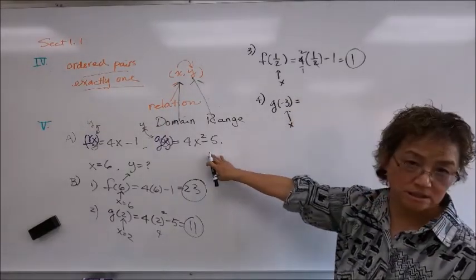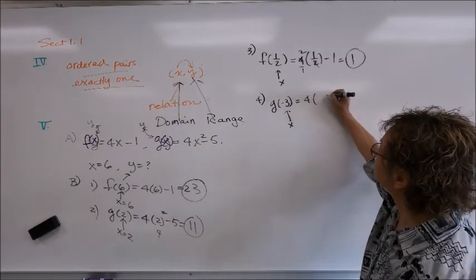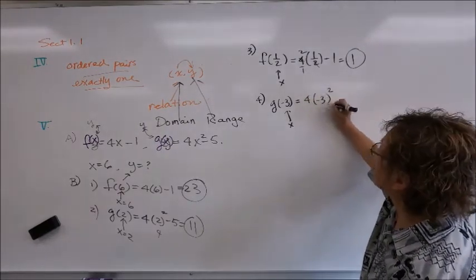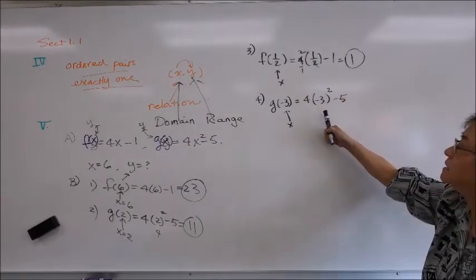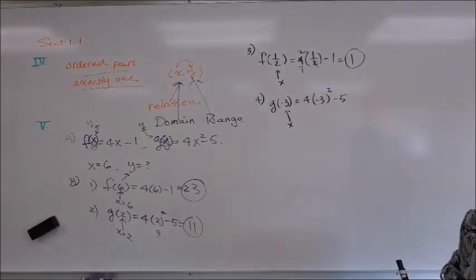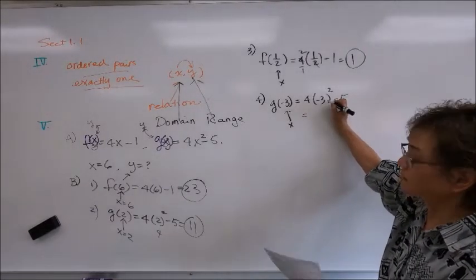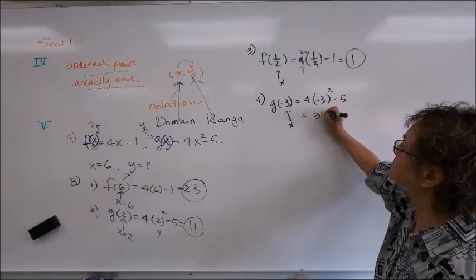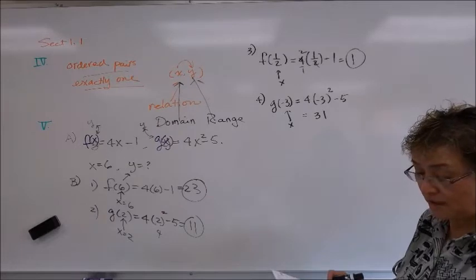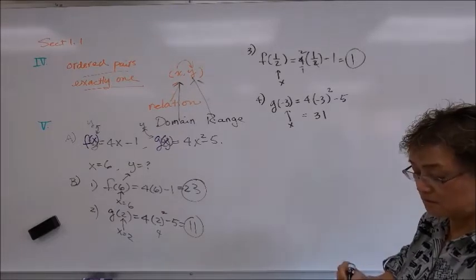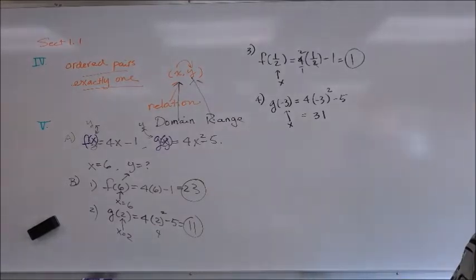You plug in the second function. You better put parentheses around your variable so you take care of the sign. -3 squared is 9. So 4 times 9 is 36, minus 1, 31. That will be your answer. That's how we handle it. So we just learned the symbols of the function.